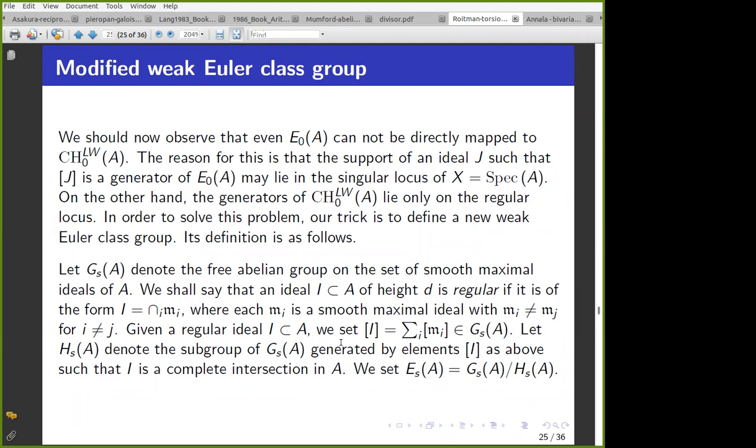Given a regular ideal I, let its class be the sum, and let HS of A denote the subgroup generated by I such that I is a complete intersection in A. So you just kill the classes of complete intersections, and you take the quotient. Let's call it ES of A. This is some new definition I make, and you will see how it helps.